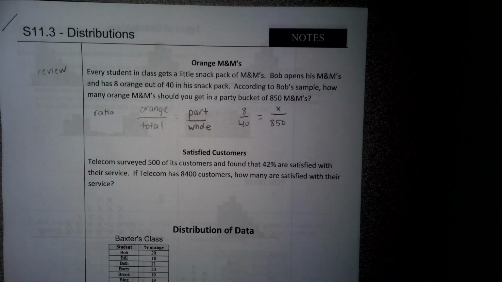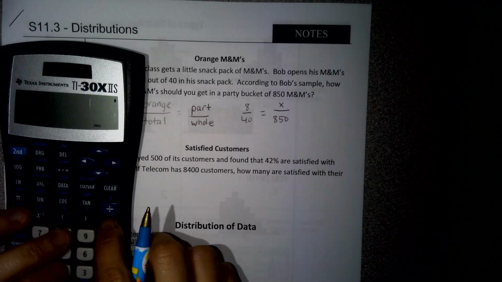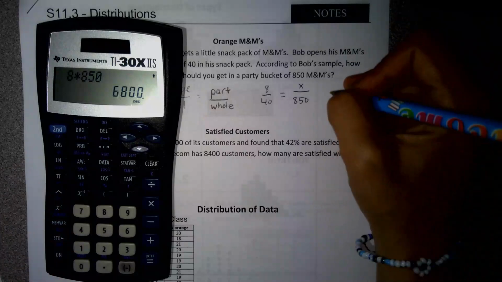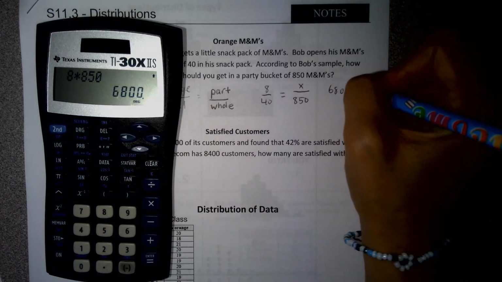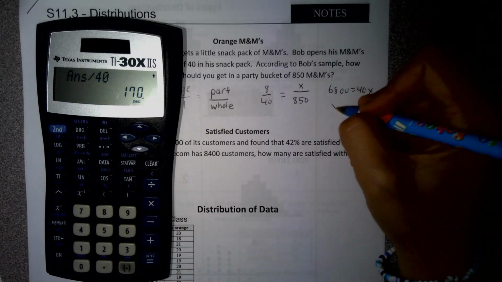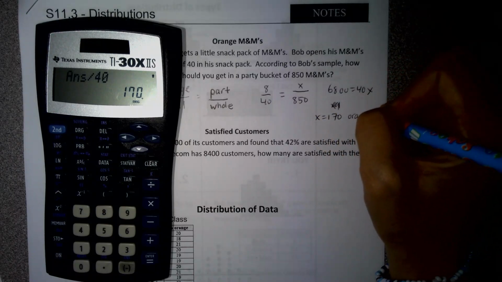And then we just cross multiply. Okay, so we have 8 times 850 equals 6800 equals 40x. And then we divide by 40. So we get x equals 170 orange M&Ms.